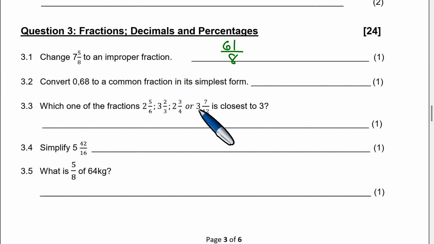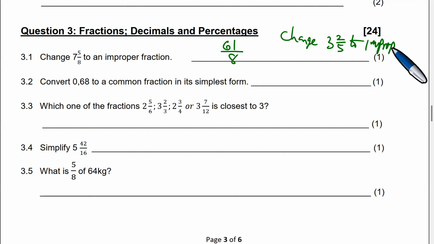Convert 0.68 to a common fraction. Okay, now let's change this one. Change 3 and 2 over 5 to improper. So 15 over 5.